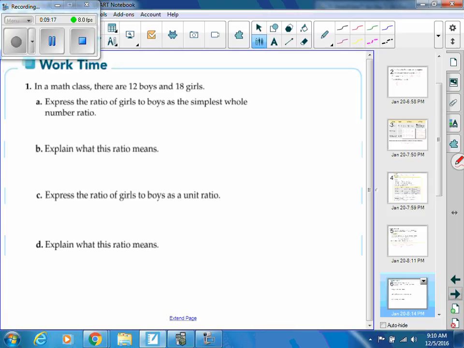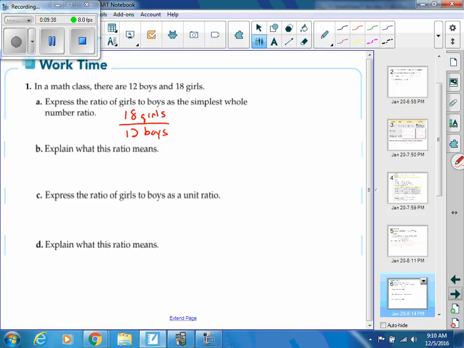Okay, so girls to boys in simplest whole number ratio. So there are 18 girls to 12 boys. Now, one thing I know about 18 and 12 is they're both even, so you could divide by 2.